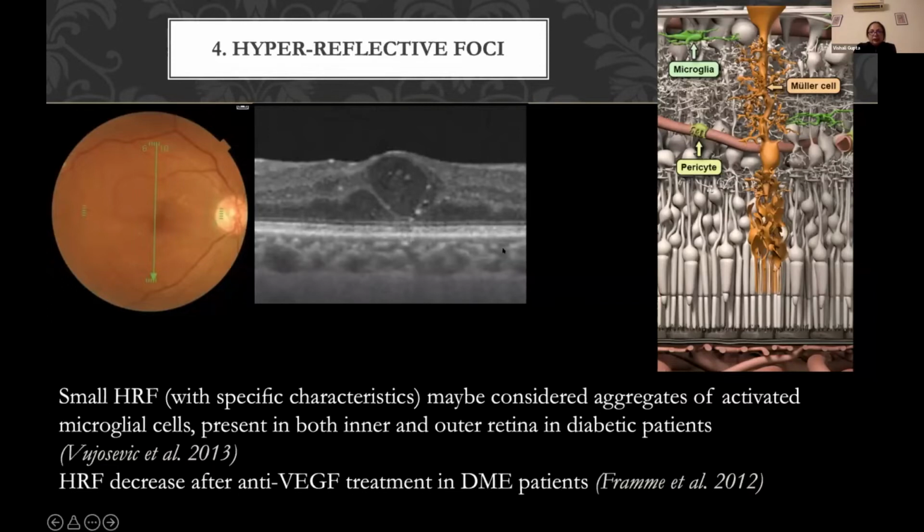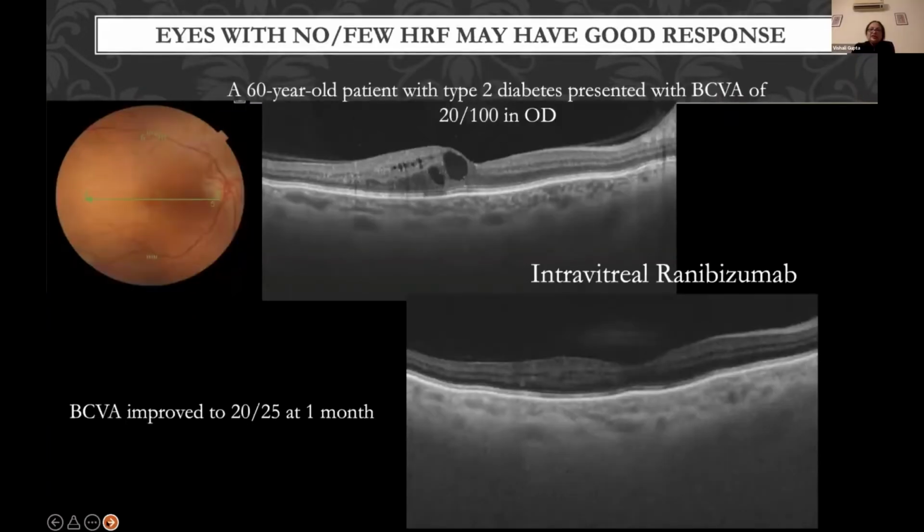They are present both in the inner retina and outer retina, and if you see too many, it means this is an edema which has more of an inflammatory component, because the cell death component is more. HRF may decrease after anti-VEGF injection. And this is just an example of a patient who had some of these HRF, not too many though, which responded to anti-VEGF injection.